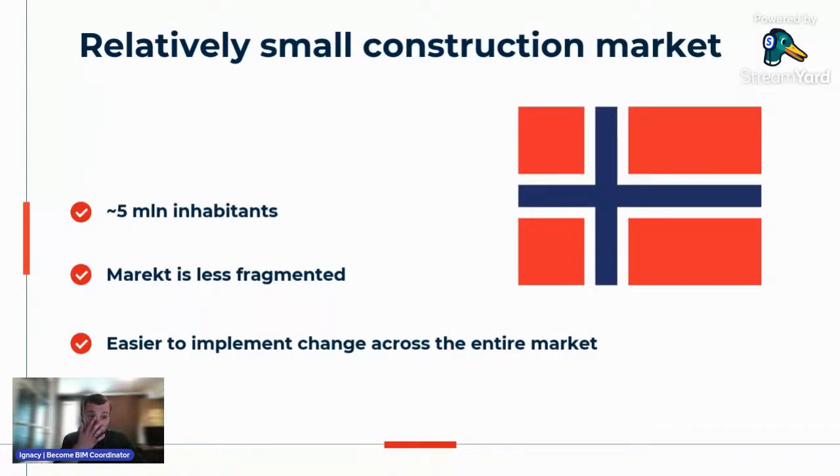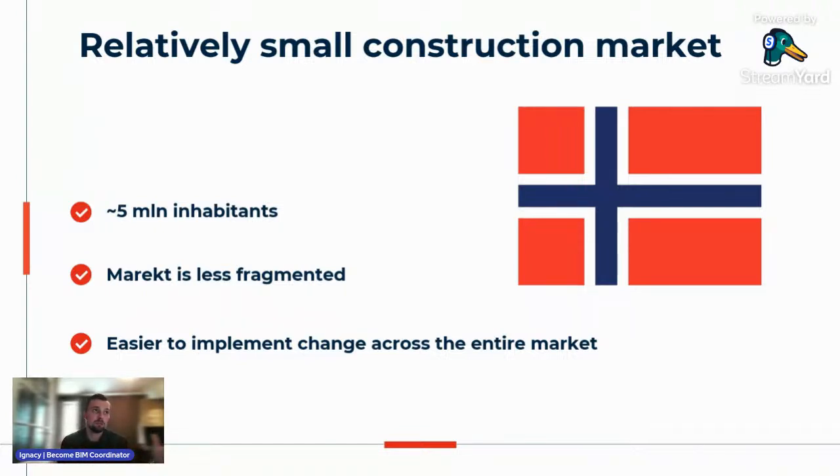Another very important factor contributing to Norway's high level of BIM implementation is that the market is relatively small. Norway has only 5 million inhabitants, and the number of construction companies is also relatively small. What's more, the market is less fragmented because there are fewer actors, institutions and organizations that need to agree on the adoption of a given standard.